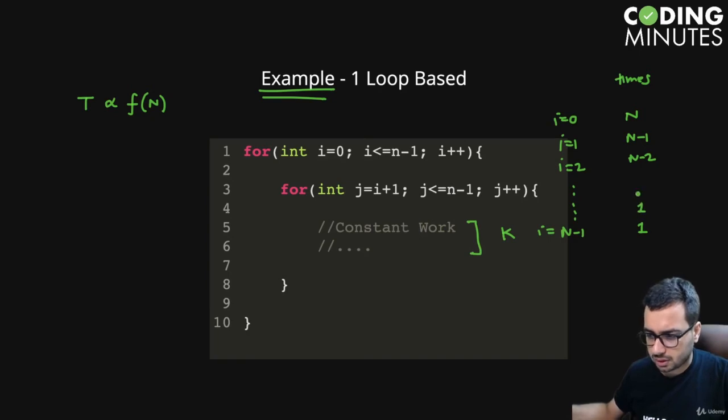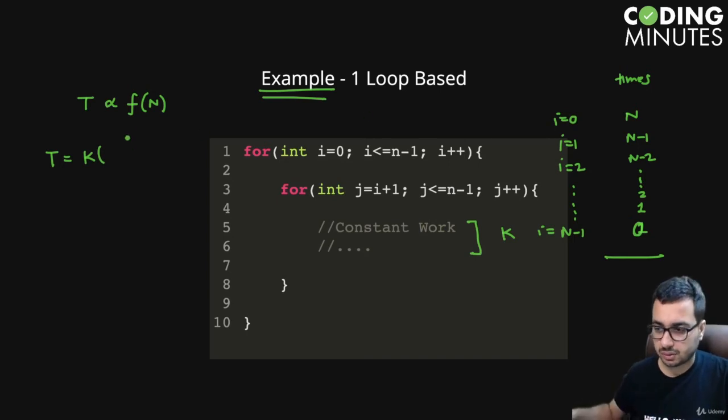Effectively, if you look at this pattern, how many times are these two loops going to run? It is the total work that we are doing. It is constant times the number of times these two loops are going to run. So it is n plus n minus 1 plus n minus 2 plus up to 1.